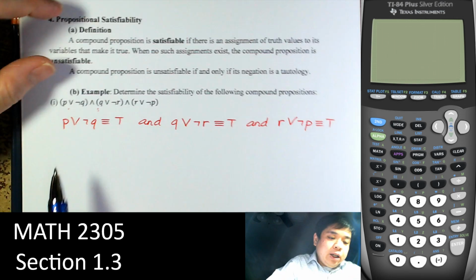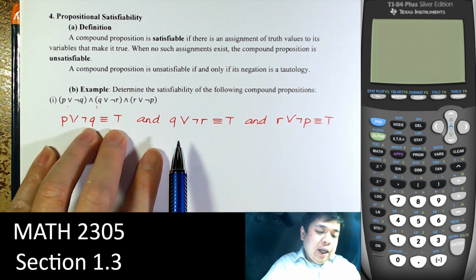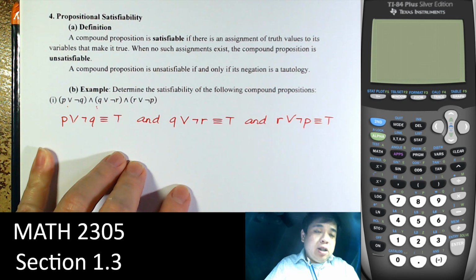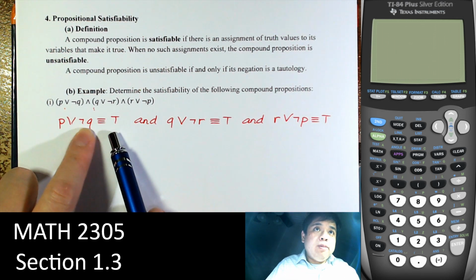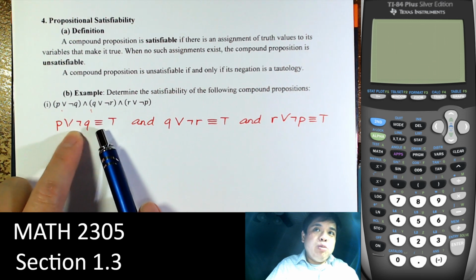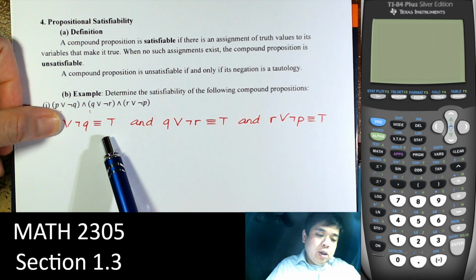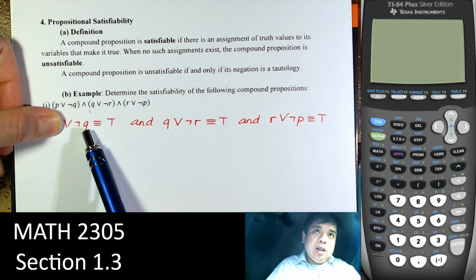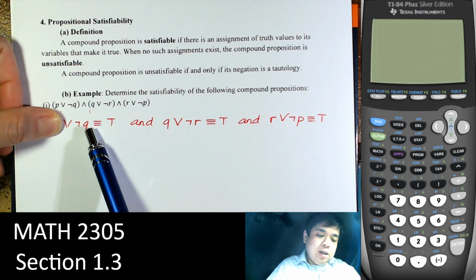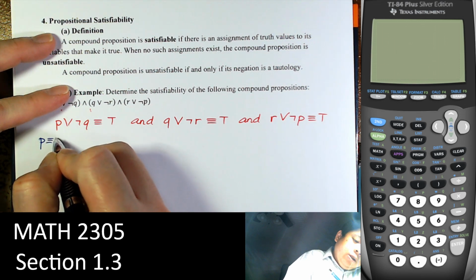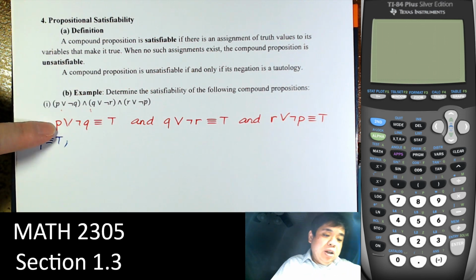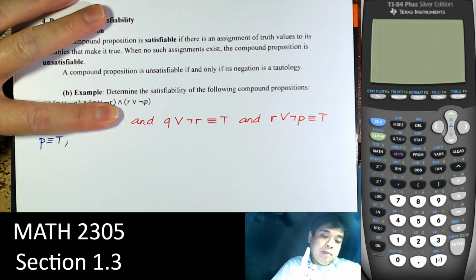Now, the thing with this is that it's all disjunctions, so we only need one of these to be true. If P is true, then it's good. So let's say P is true. Then this one is true, it's good.